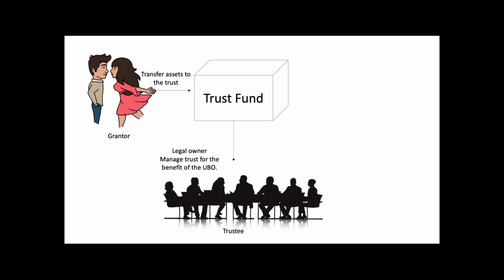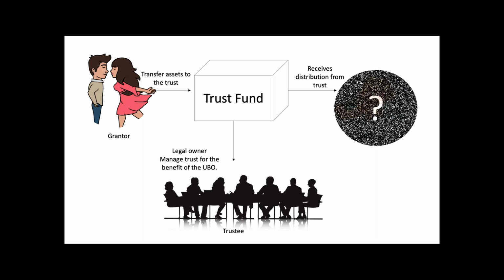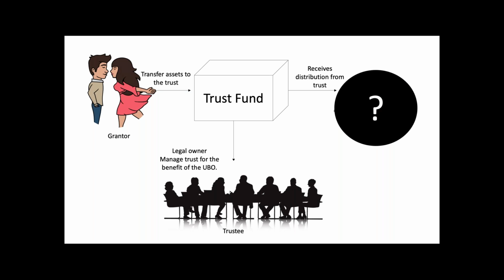Now, the UBO can range from a little baby to an adult to a group of people who are the beneficiaries of the trust, but this trust is managed by trustees. Now, the issue here is that the individual who benefits or receives the distribution from the trust, their identity could be hidden depending on the jurisdiction in which the trust is created.